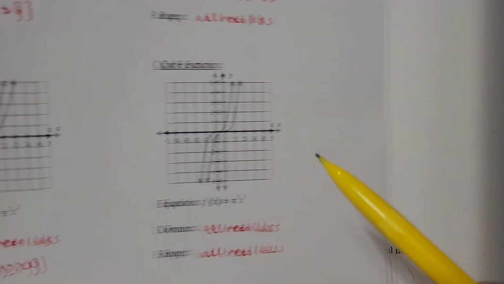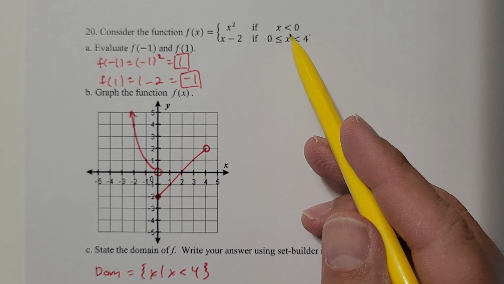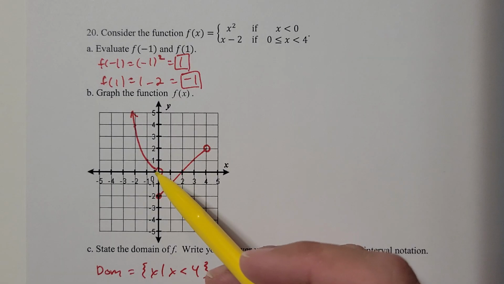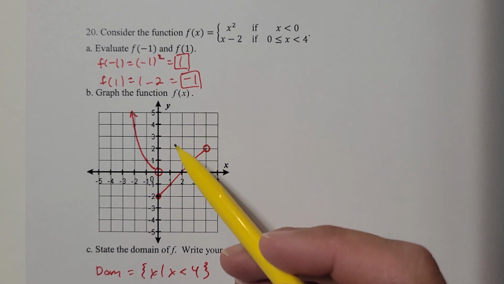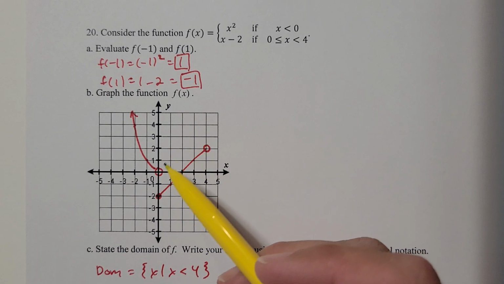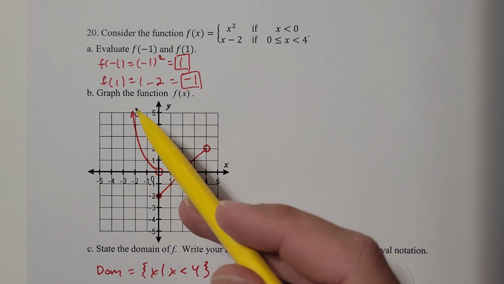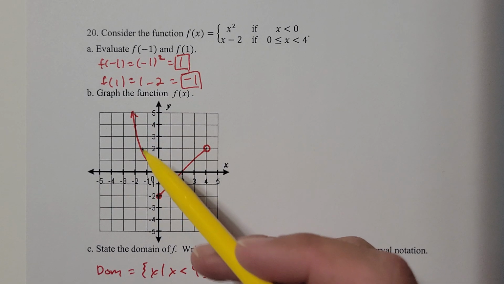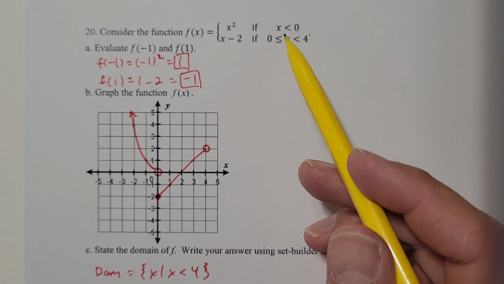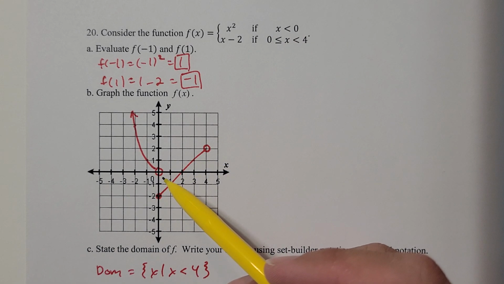I only want the part of the parabola showing when x is less than 0. So if I drew the whole parabola, anywhere that would be to the right of 0, I would need to erase, and anything less than 0, I would keep. And x is strictly less than 0, so the point 0, 0 should not be on the graph.